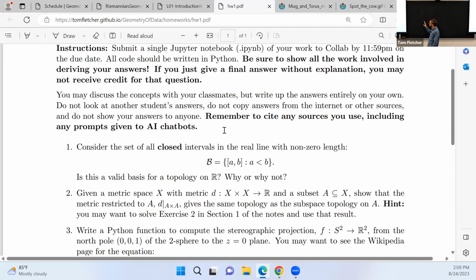But the bottom line is that at the end, the final product should be your own. You should write it up on your own. Don't copy it from internet sources, ChatGPT, or other students, but rather write it up yourself.